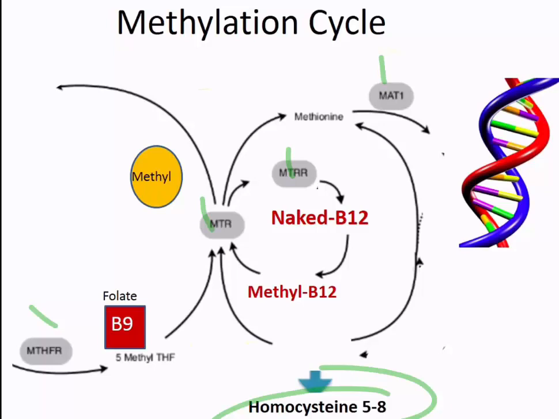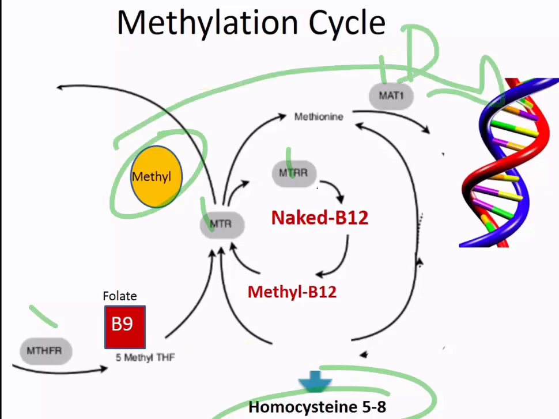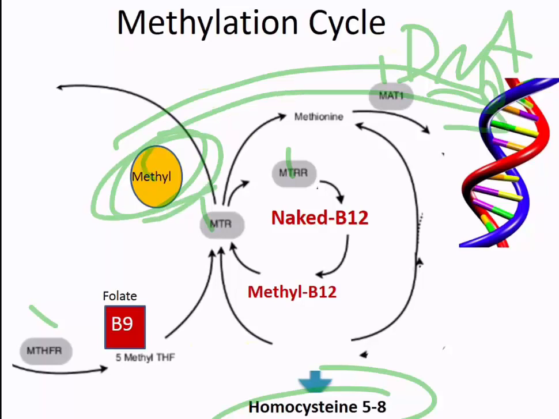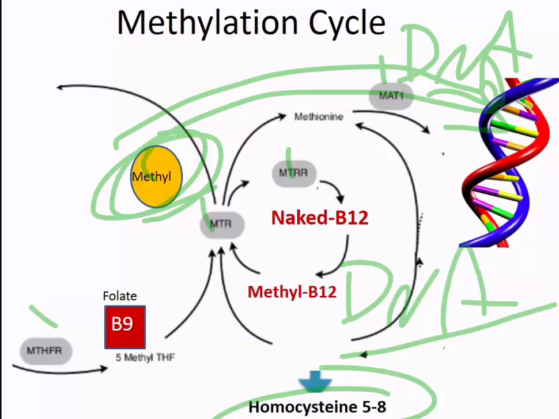Now what this cycle does is it puts what we call a methyl group onto the DNA. So if you have high homocysteine, you can just assume this little yellow marker is not being placed on your DNA, so your DNA would not be very healthy. So this is really critical. When we talk about functional medicine, we're actually getting into the nitty-gritty of working with your DNA.